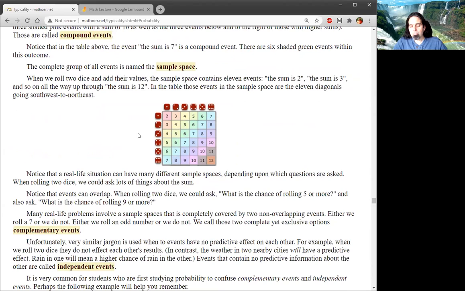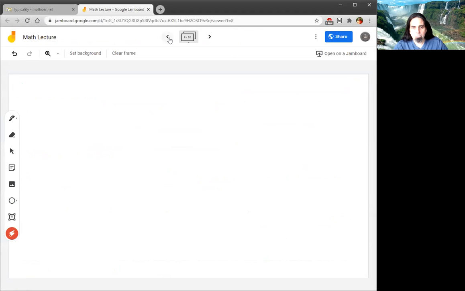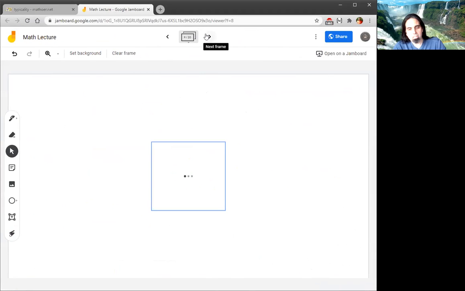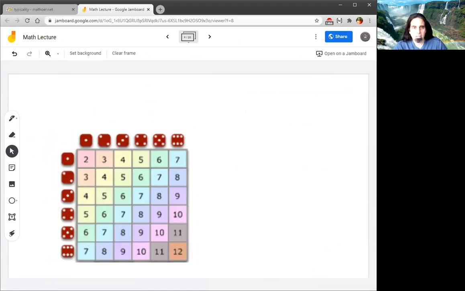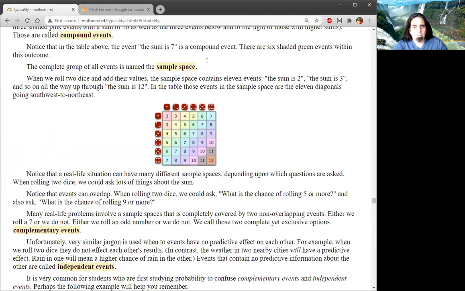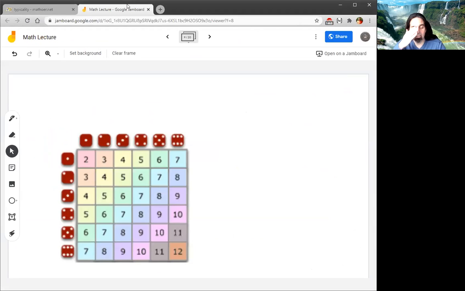In this picture, I've colored the diagonals, so that if we just care about the sum, our sample space has 11 events. So this is a picture showing the sample space has 11 events.